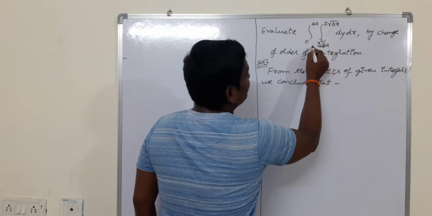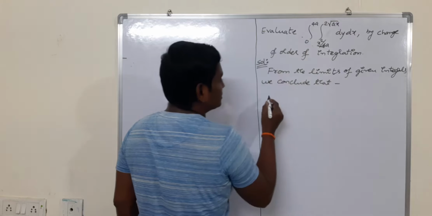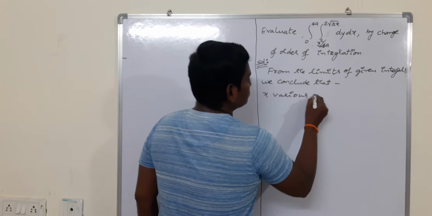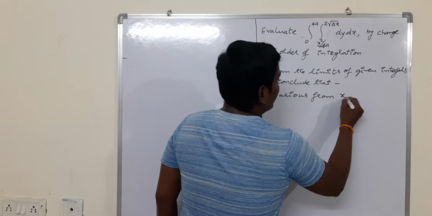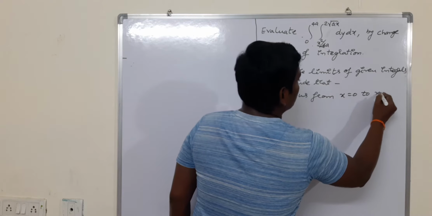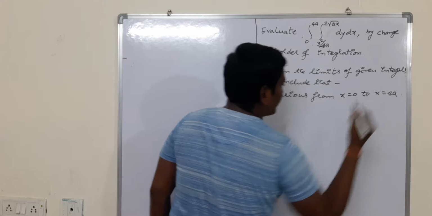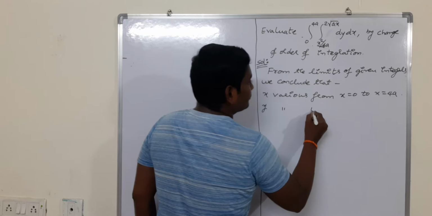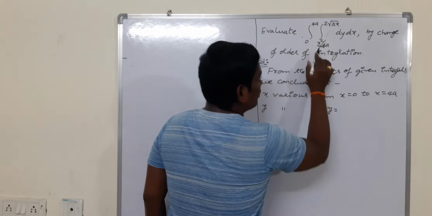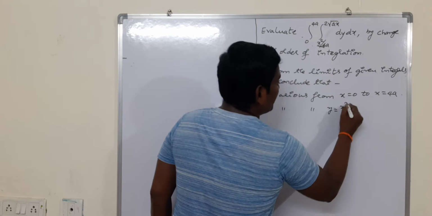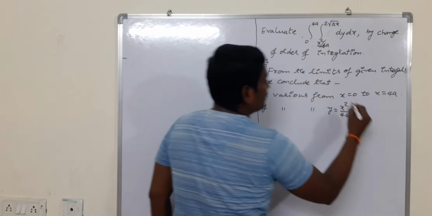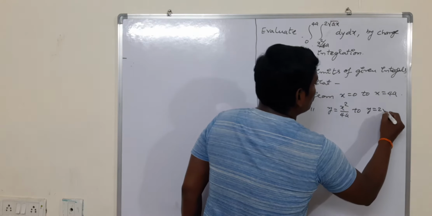That's why these were the y limits, automatically these were the x limits. So x varies from x is equal to 0 to x is equal to 4a, and y varies from y is equal to, what is the lower limit of y? x square by 4a to, what is the upper limit? y is equal to 2 root ax.